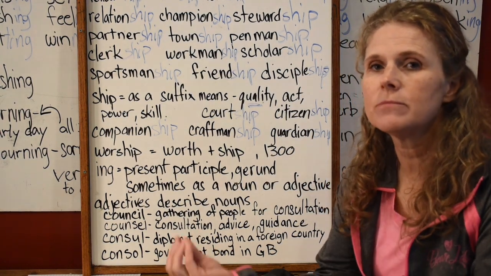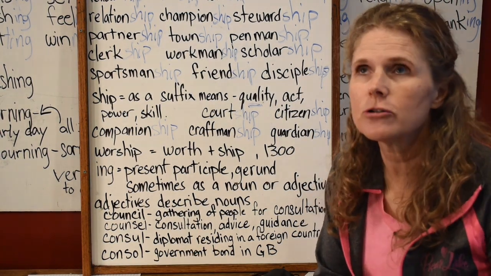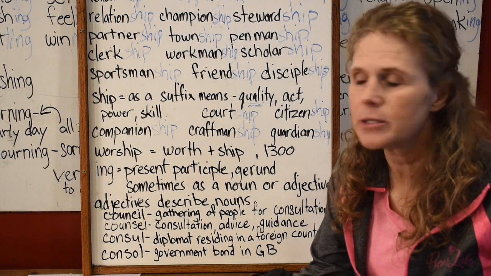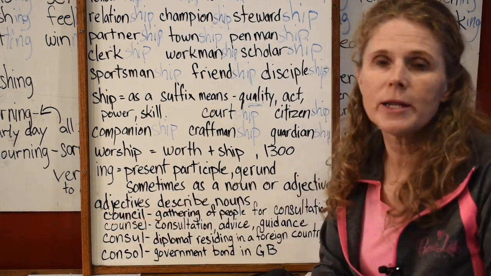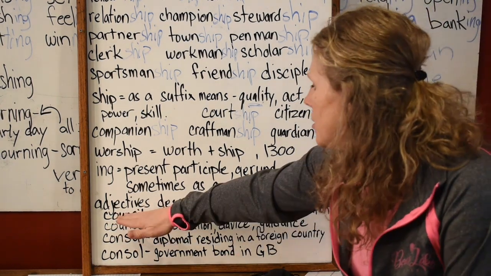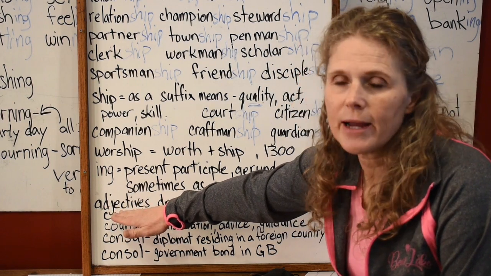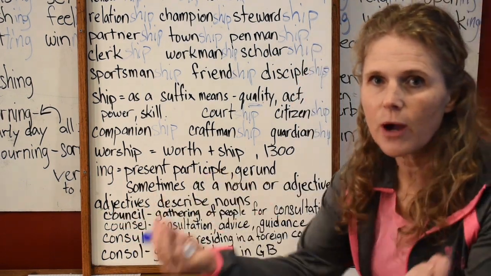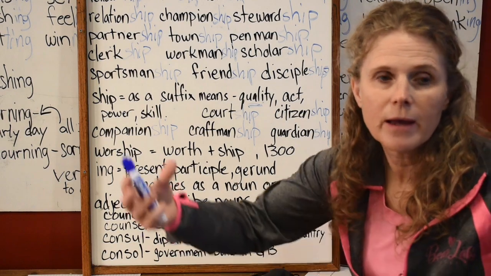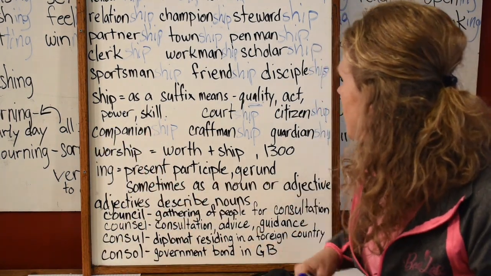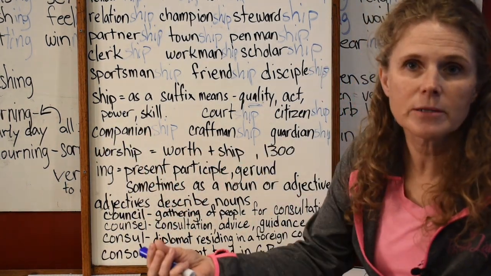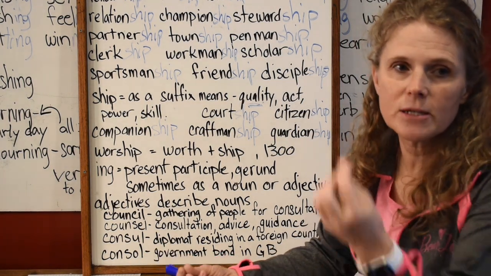So if you have a noun and you can put the in front of it, and you're trying to figure out, well, is that a noun or not? And you're wanting to describe that, then you know you have an adjective if you can see that you have your noun, right? Let's say the craftsman, right? The amazing craftsman.